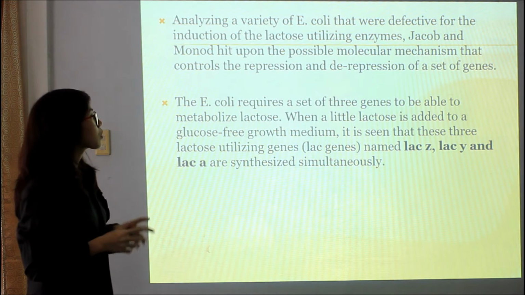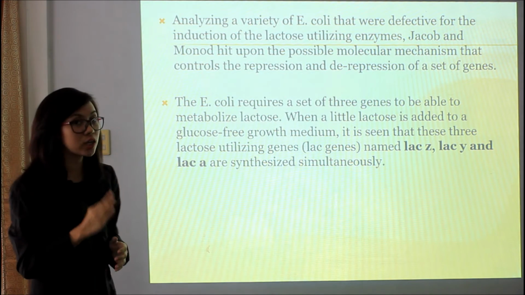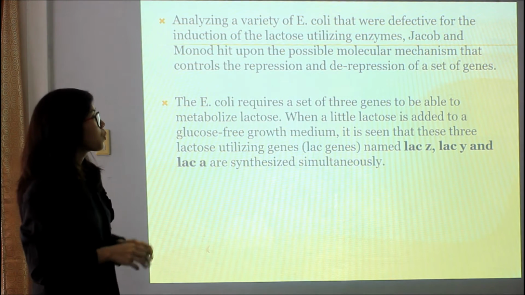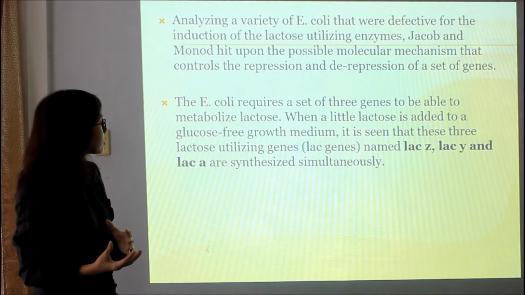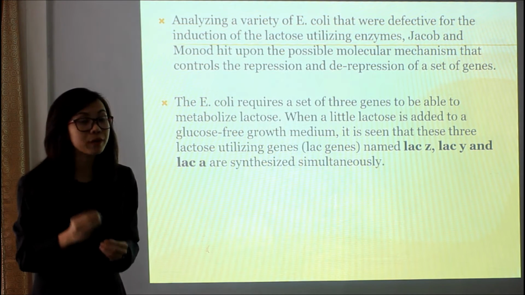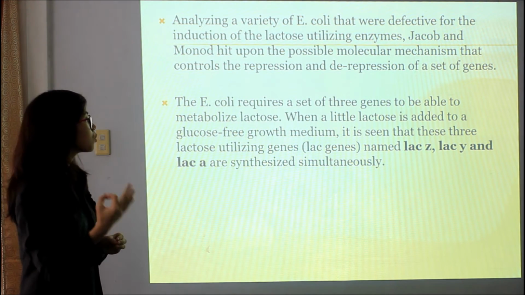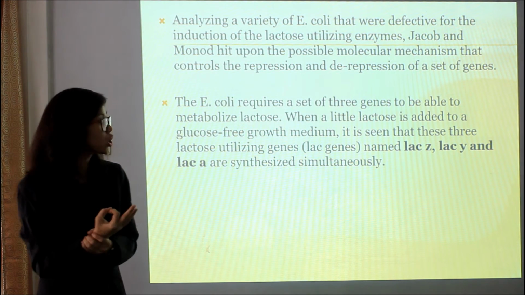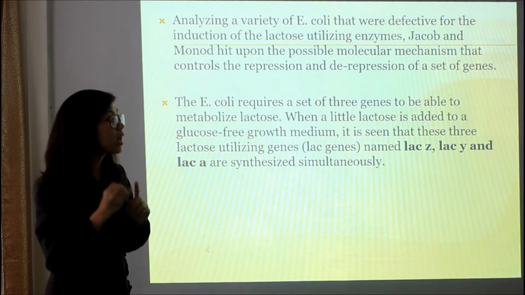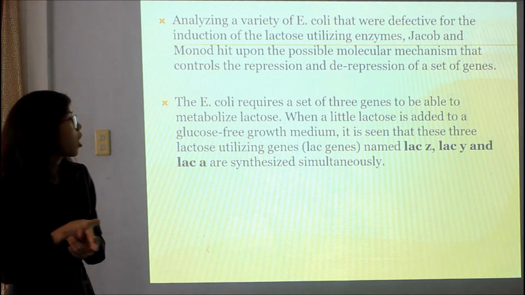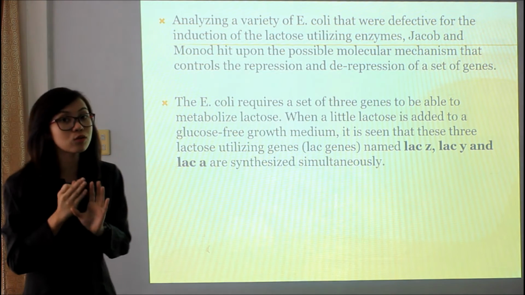E. coli requires a set of 3 genes to be able to metabolize lactose. When a little lactose is added to a glucose-free growth medium, these 3 lactose-utilizing genes, or the LAC genes, named LAC-Z, LAC-Y, and LAC-A, are synthesized simultaneously.